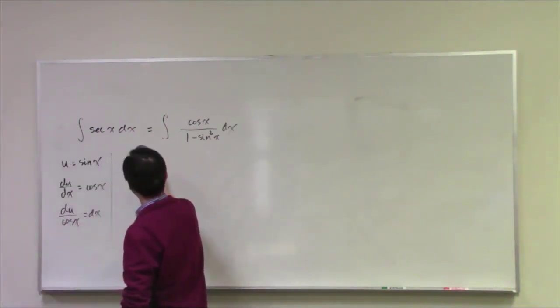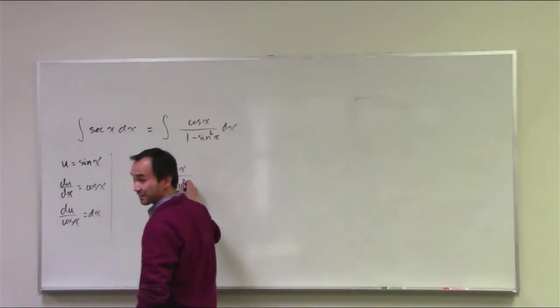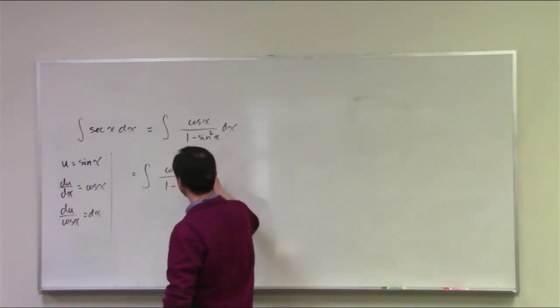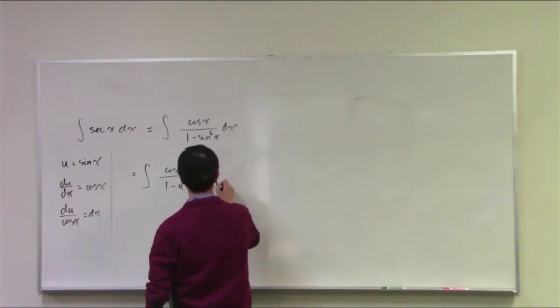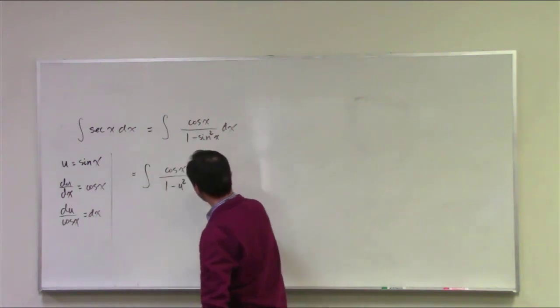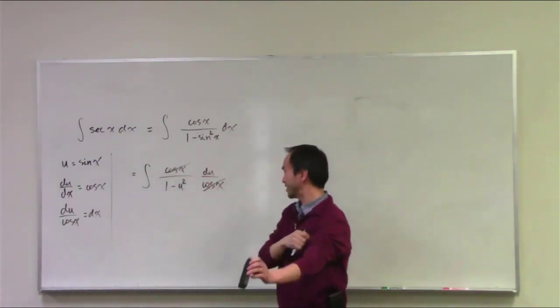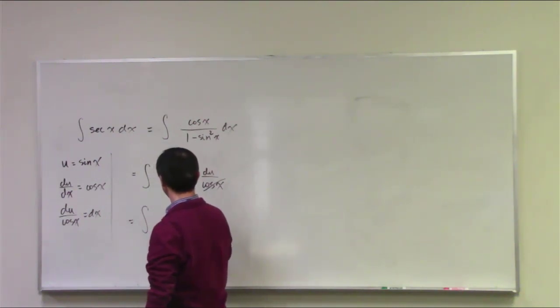So my integral becomes cosine of x over 1 minus u squared, and the dx is du over cosine of x. The cosine cancels away, and that gives me the integral of 1 over 1 minus u squared du.